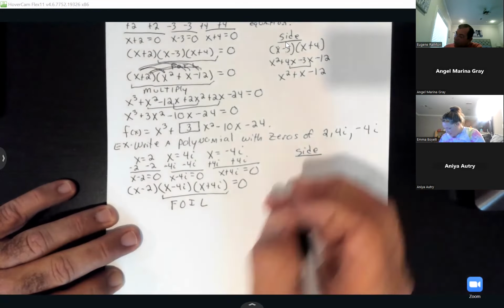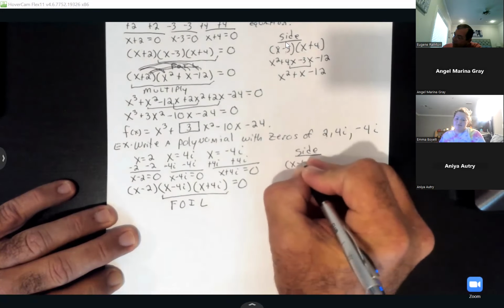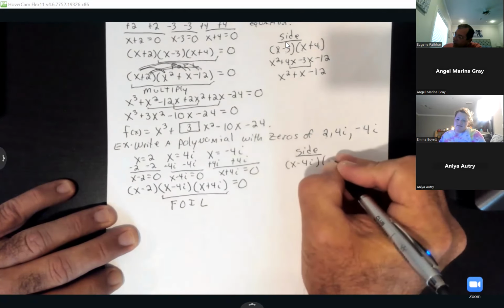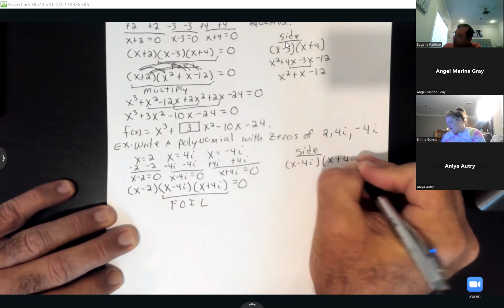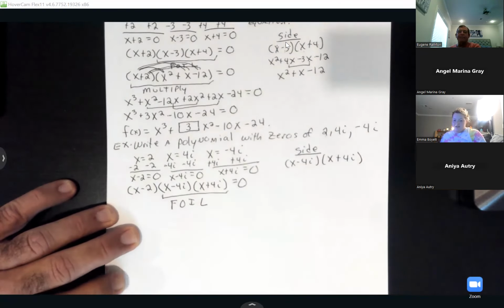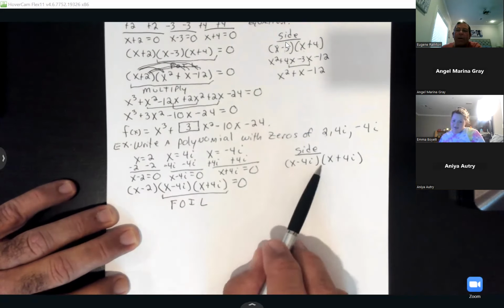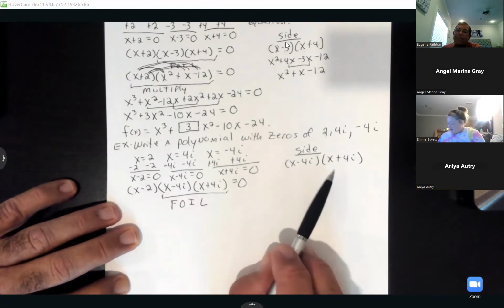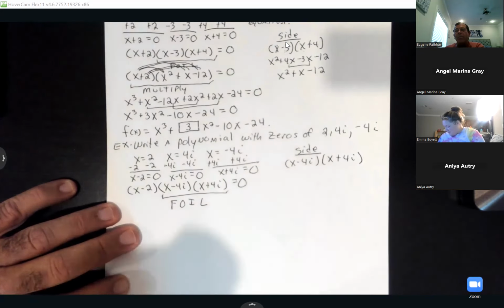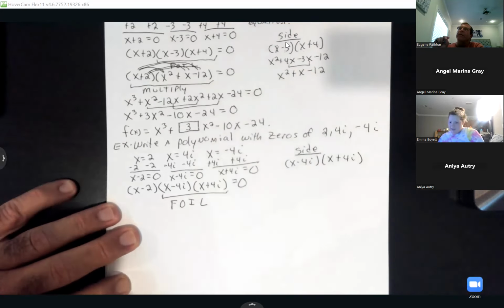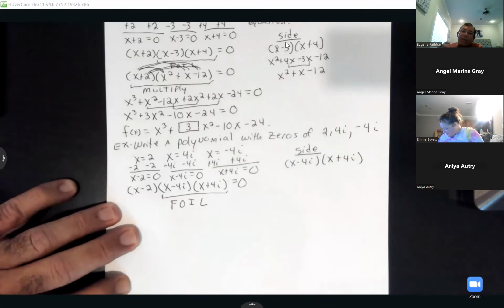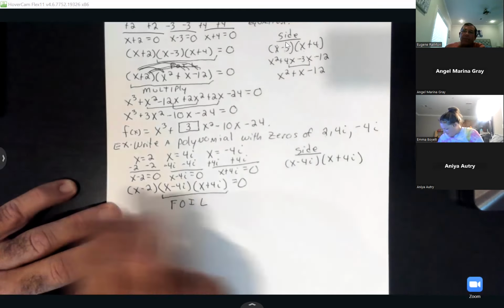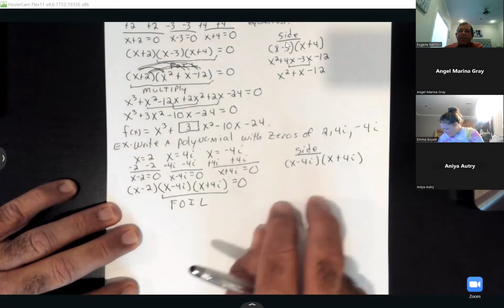So on the side, I'm going to do x minus 4i times x plus 4i. These are what we call conjugate pairs. And y'all, the nice thing about conjugate pairs, when you FOIL them, some of the terms cancel out on these, okay? So I'm going to FOIL this all the way out so that you see what happens.